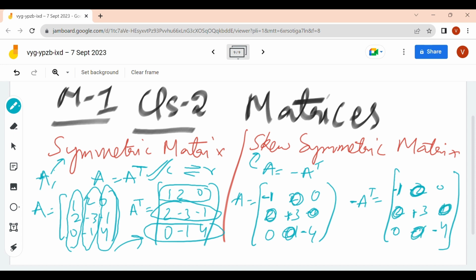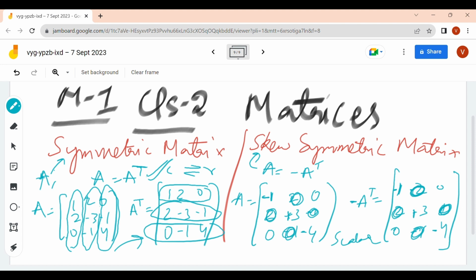Now you can see I have manipulated the same matrix. Not every skew symmetric matrix is definitely a scalar matrix. It may or may not be, but if it is, then your A transpose and the negation of it will be equal to A.